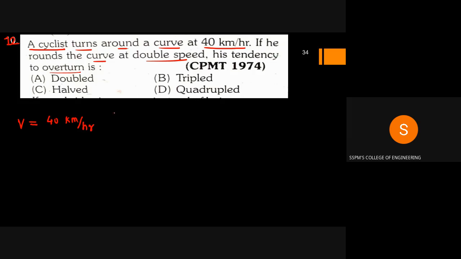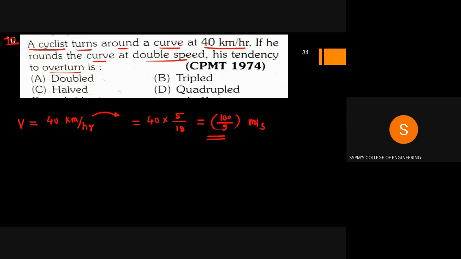Okay, so convert this velocity in meter per second. So conversion is just multiply it by 5 by 18. So this will be 100 upon 9. So this is meter per second.